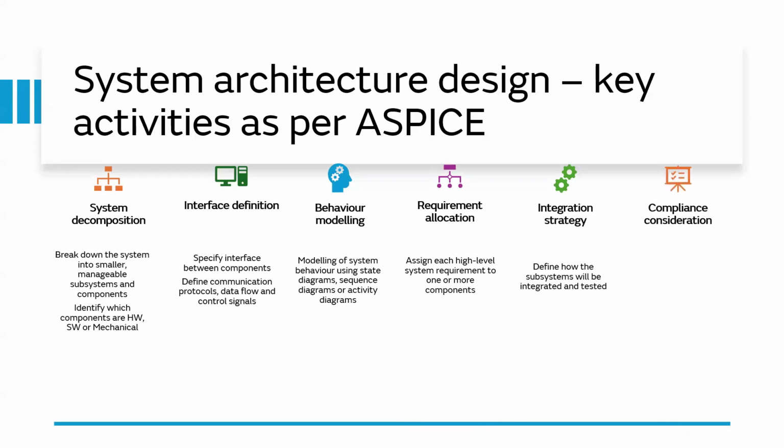And compliance. Compliance is a key aspect. I'll touch on it towards the end of the presentation. You need to make sure that the architecture you define is also compliant to ISO 26262 or other regulations as well. ISO 26262 is the standard used for electronic systems in automotive.